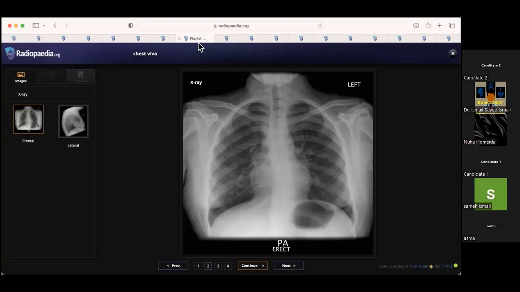There is no focal consolidation or collapse, no evidence of pleural effusion or pneumothorax. I can see that there is fullness at the bronchovascular markings at the level of the bilateral hilar regions. Looking at the bones, I don't see any bony abnormality.